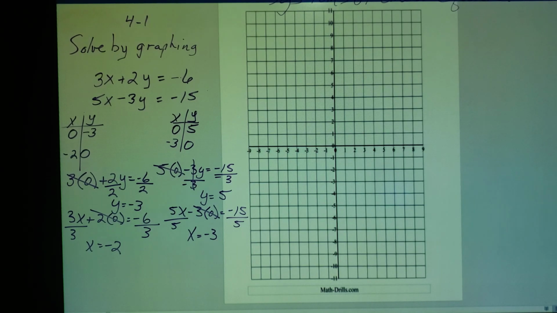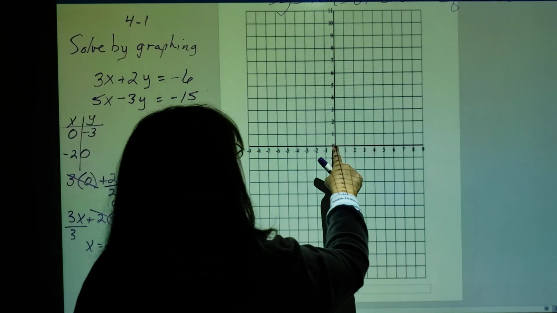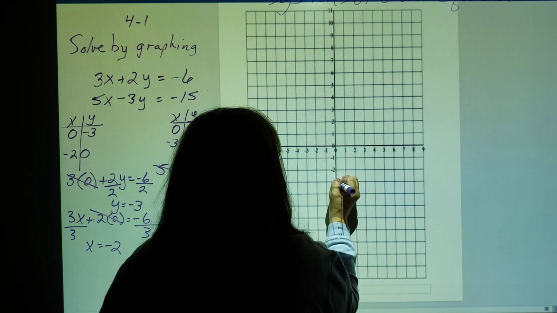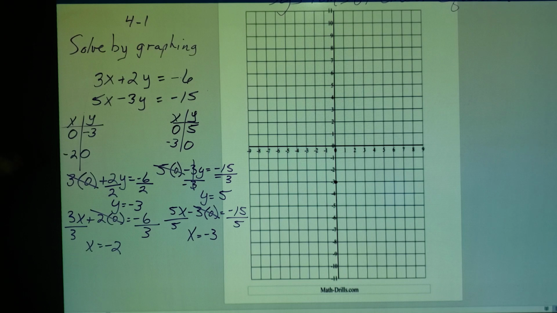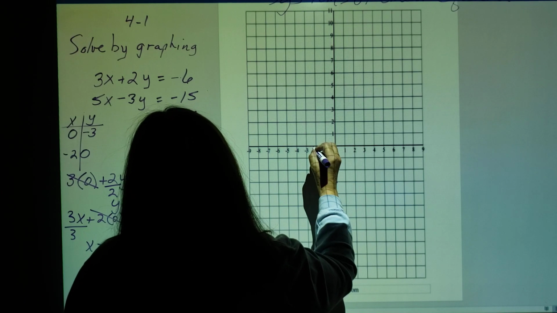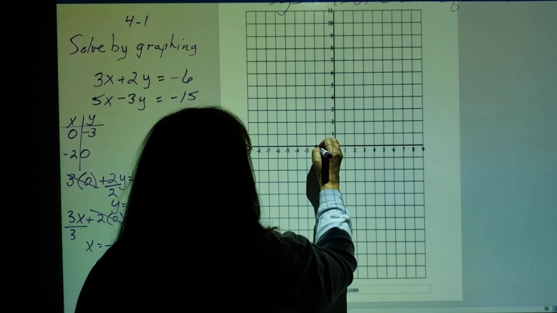So here we go. First one, we have 0, -3. 1, 2, 3. We're going to put a point there. -2, 0. We end up with a -2 on this side.